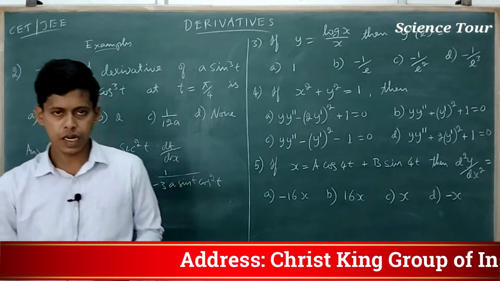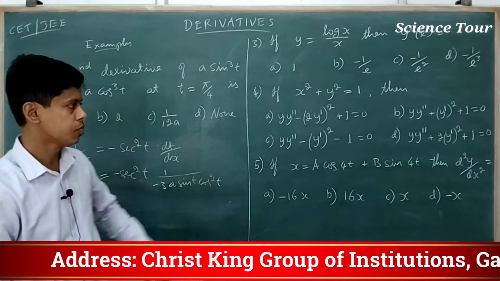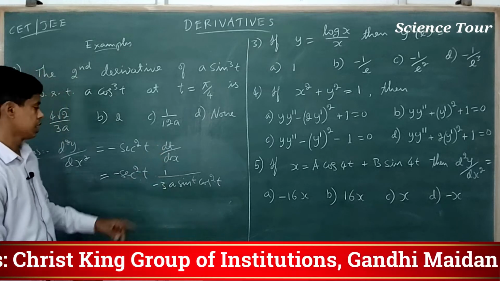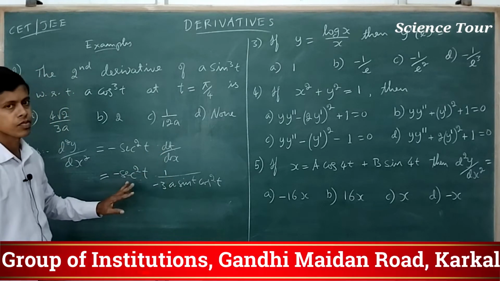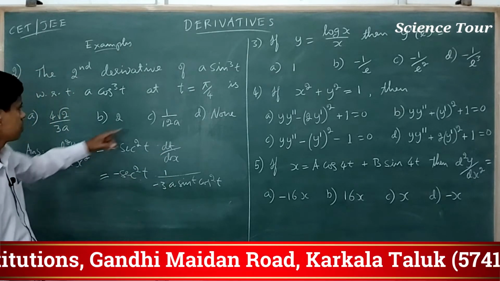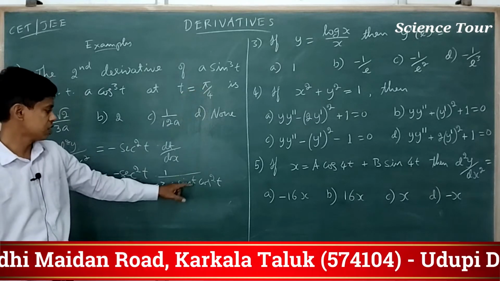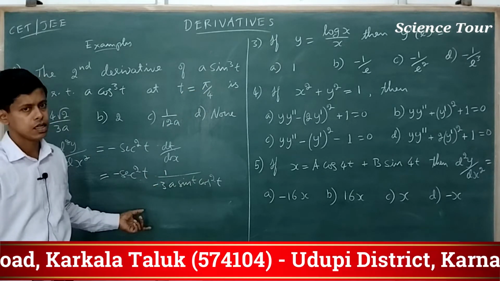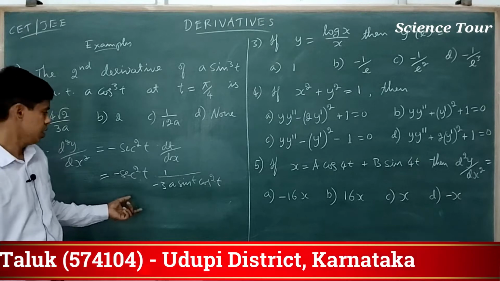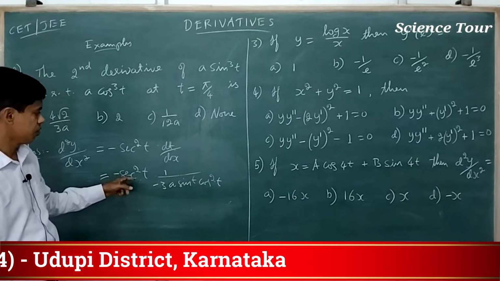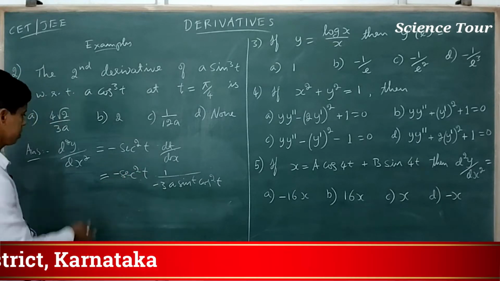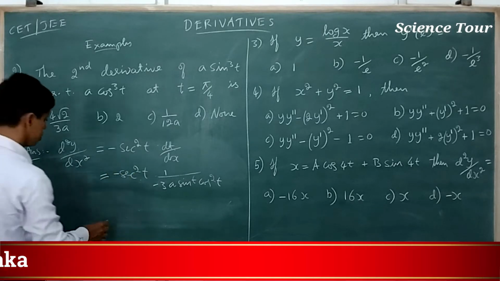We have dx by dt, now we have to write the reciprocal of it, that is dt by dx. Now we got to simplify this, or you can directly substitute pi by 4 in place of t and then continue with the answer. Or you can simplify first and then you can do the substitution.